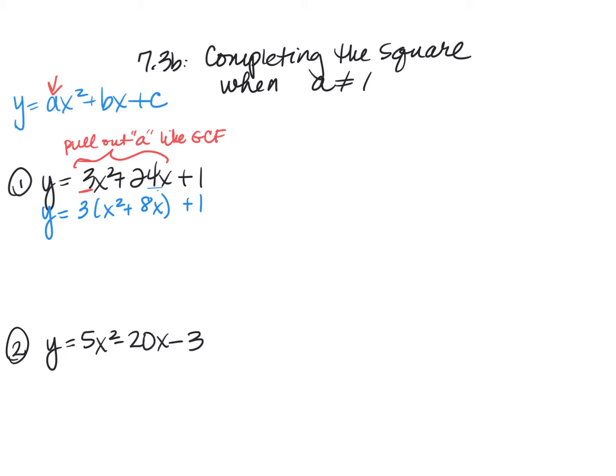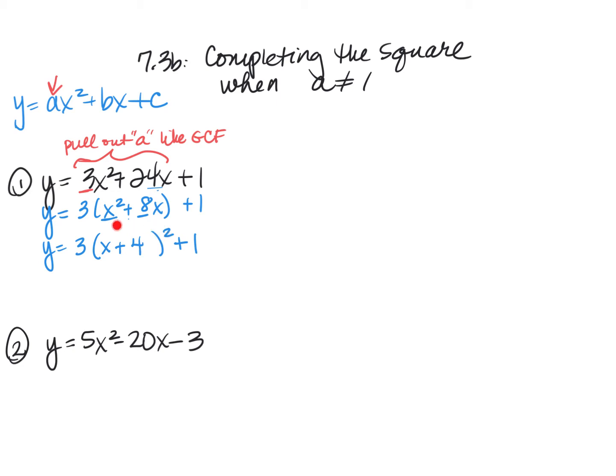Now I'm going to do what I did yesterday. Okay, bring down the 3. Now let's take this thing and make it squared. And let's copy the variable, copy the sign, cut this 8 in half, make it 4. And I'm going to bring down that plus 1. Now here's the second thing that's different. Like before, I did 4 squared is 16 and I would subtract 16, right?